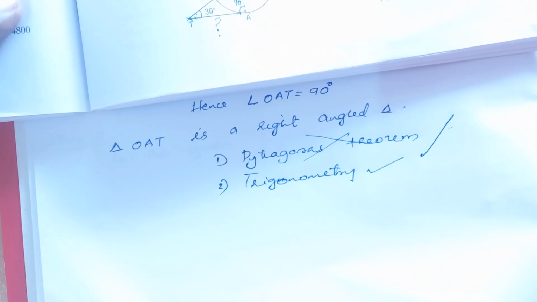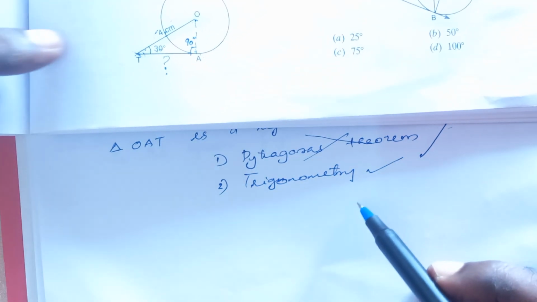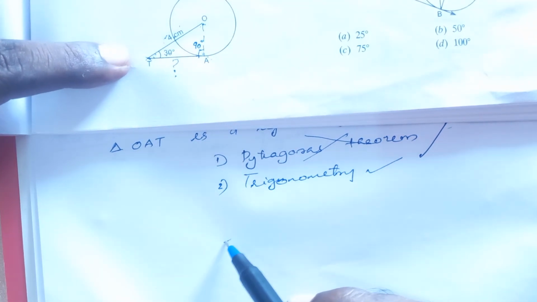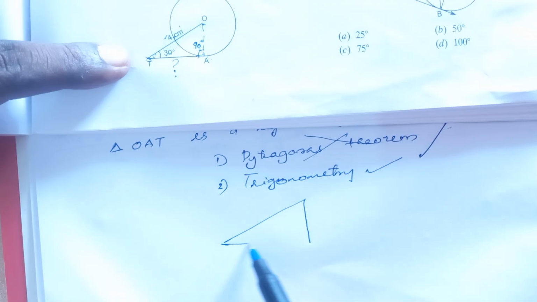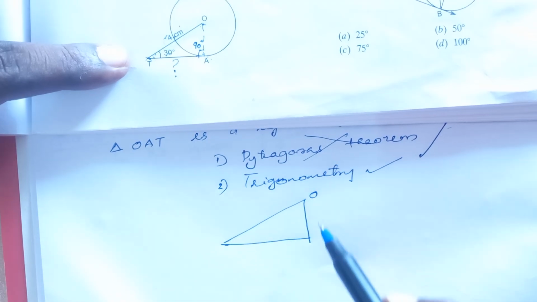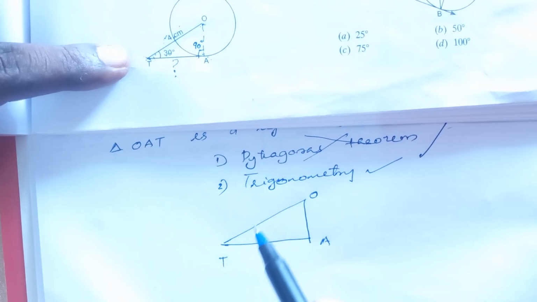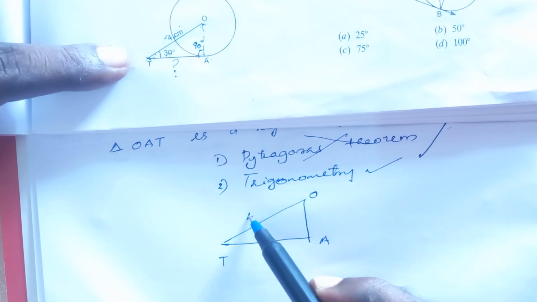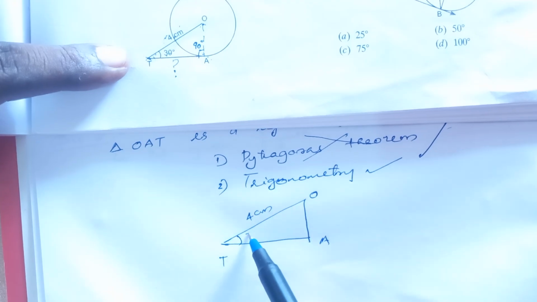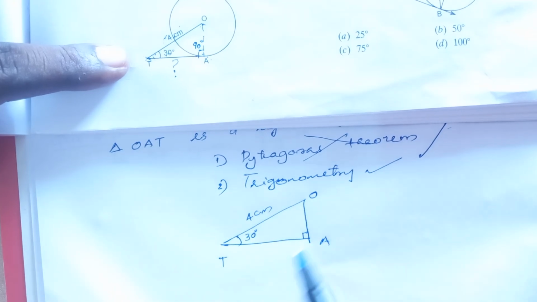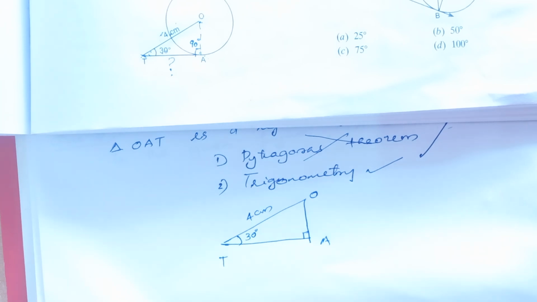For that, let's take only the triangle OAT, where OT is 4 centimeter, angle T is 30 degrees and angle A is 90 degrees, and TA is our required side.